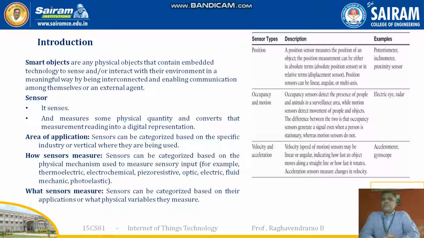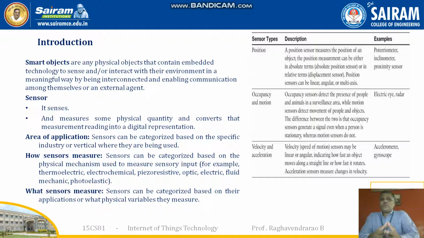These sensors can be categorized based on the physical mechanisms used to measure sensory input, that is thermometric, electromechanical, electrochemical, piezoresistive, optic, electrical, fluid mechanics, photoelastic. So many sensor measures are there, and at these locations the data is going to be measured.